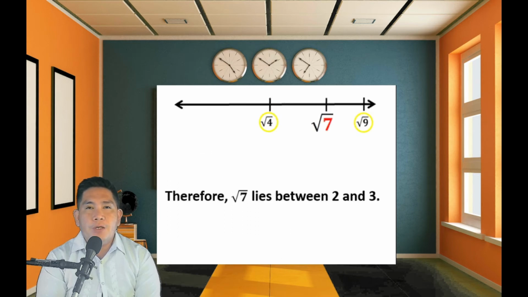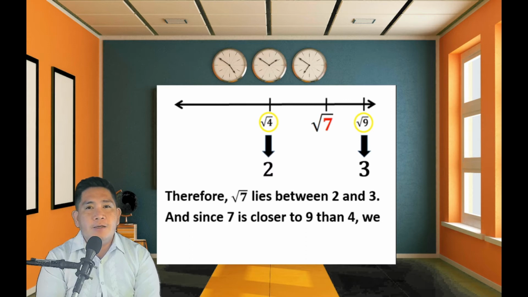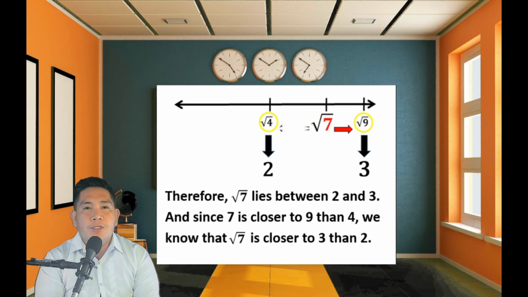Therefore, square root of 7 lies between 2 and 3. And since 7 is closer to 9 than 4, we know that square root of 7 is closer to 3 than 2.